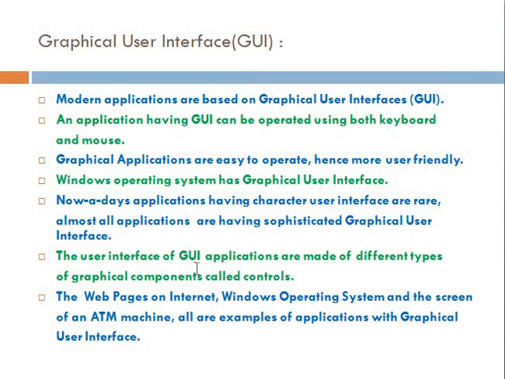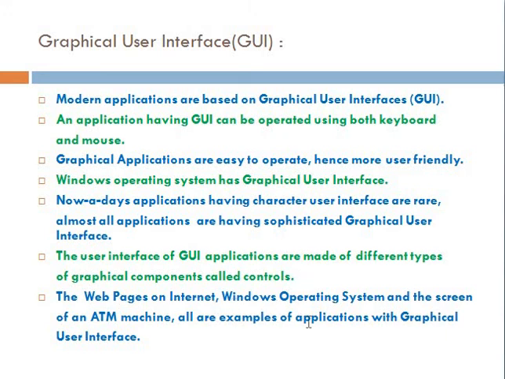The user interface of the GUI applications is made up of different types of graphical components called controls. Examples of such controls are the text fields, the radio buttons, the checkboxes, the buttons, etc., which I shall be discussing in the subsequent chapters.